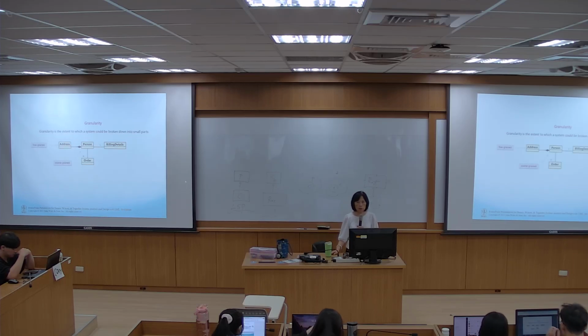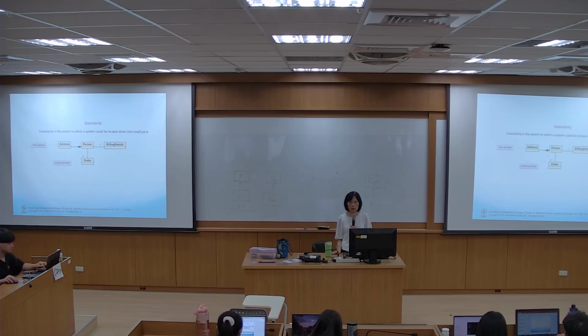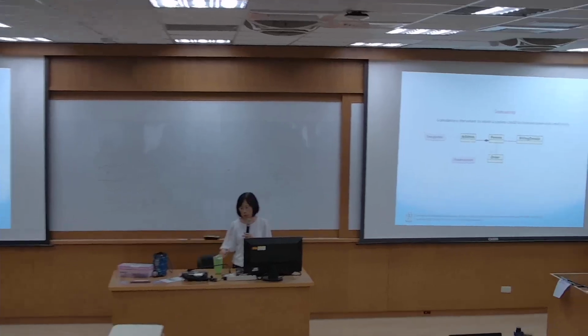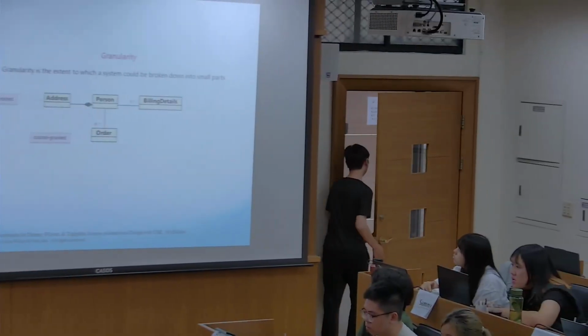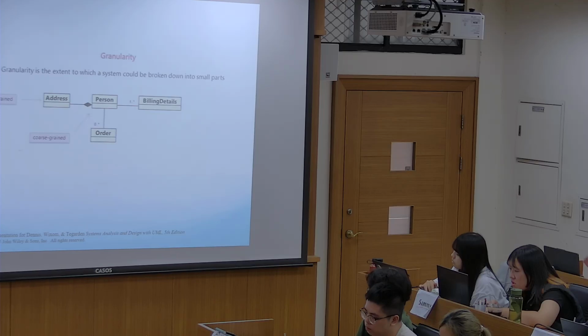Granularity. Here we need to compare granularity to see how detailed it will be. One is object-oriented, and the other, we always compare these two, is the relational database, as table and object.